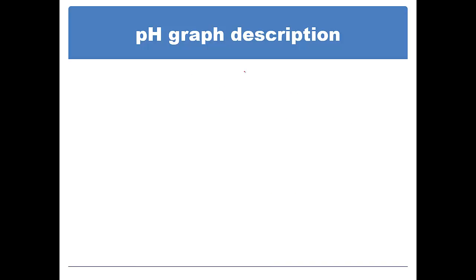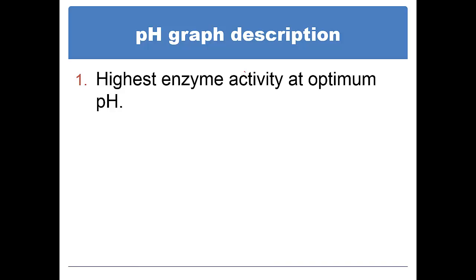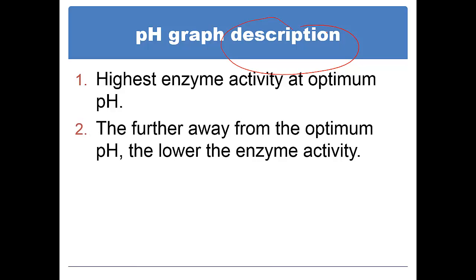So for the graph description, it's a bit similar to the denature part in the temperature section. The first thing you want to say is, again, that the optimum pH value will give the highest enzyme activity. Remember, this is a description, not the explanation. Then, the further away from the optimum pH value, the lower the activity would be.